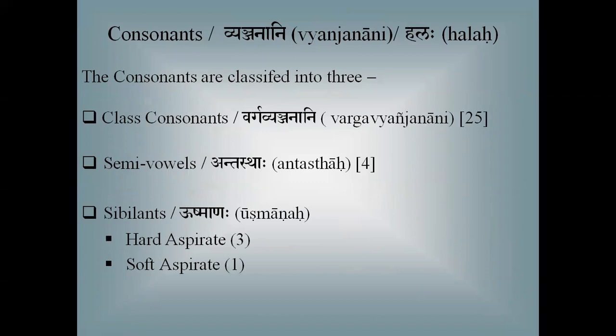And we were seeing consonants in the previous class. We saw that consonants can be classified into 3 classes. Number 1, class consonants, which is called Varga Vyanjanani. Varga means class or the group. So therefore, Varga Vyanjanani means class consonants. Another name for class consonants, which I have not written in the PowerPoint, is Sparshaha.